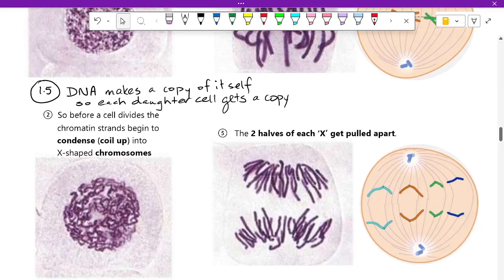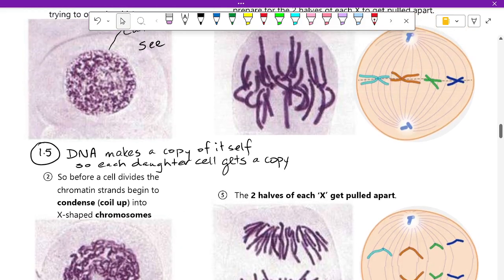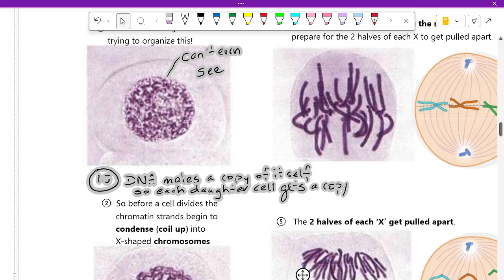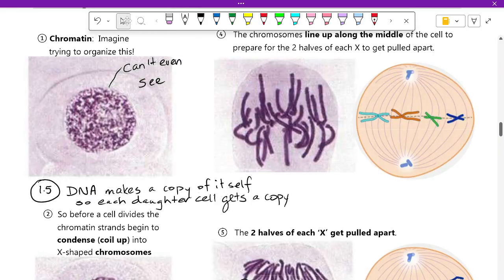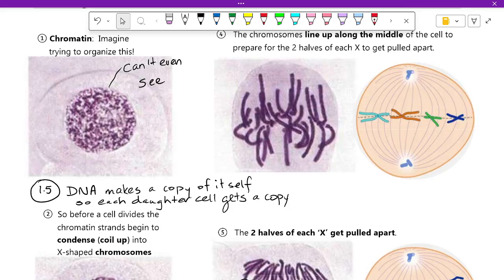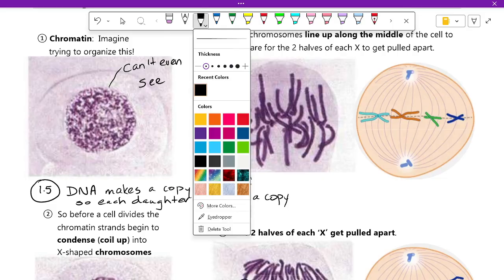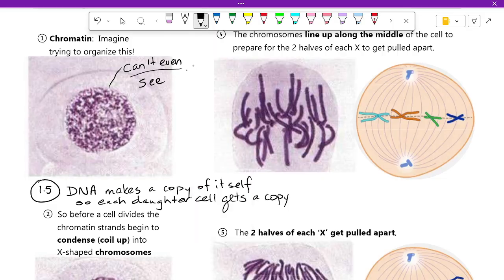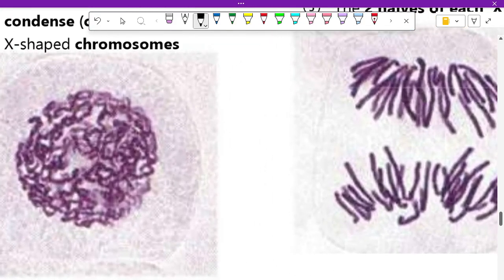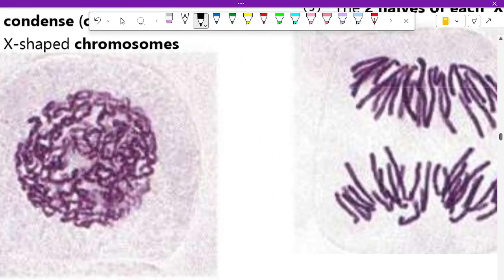So, can you see them starting to coil up? Do you see how it goes from you can't even see it into being coiled up? Can you see them now? You can see threads, right?